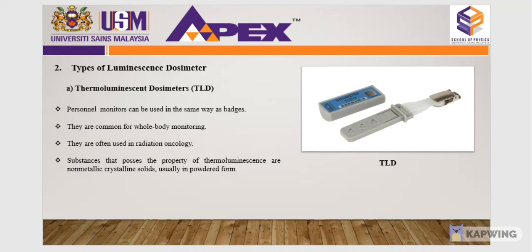They can be used for personal monitoring. They are common for whole body monitoring and are often used in radiation oncology. The thermoluminescent materials are non-metallic crystalline solids, usually in powdered form.